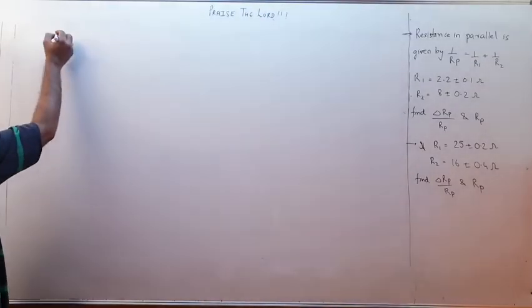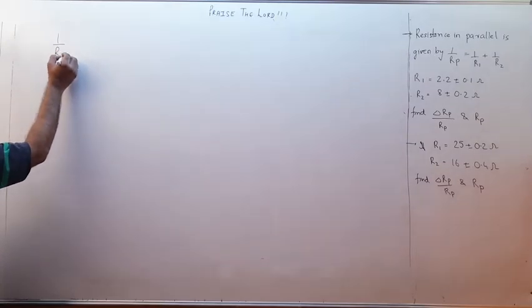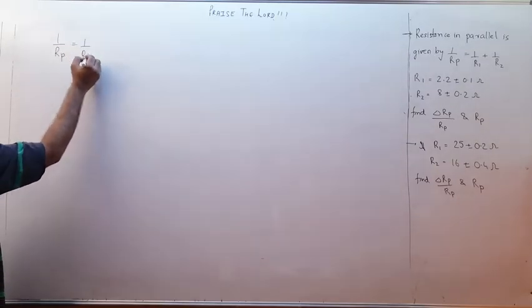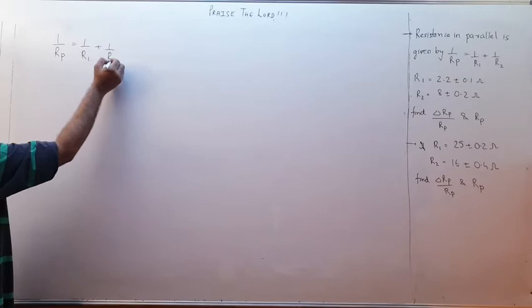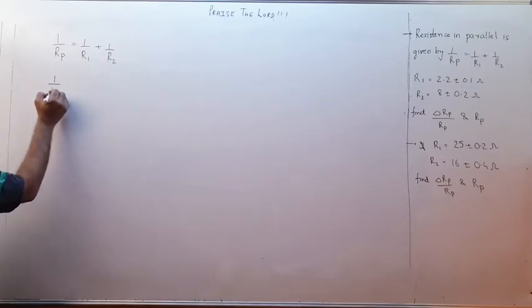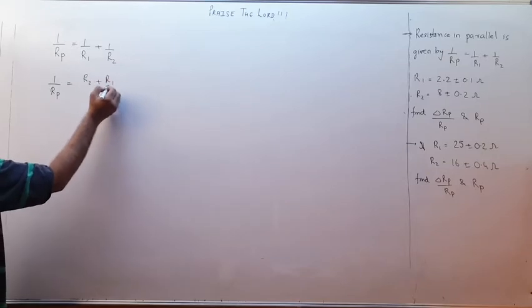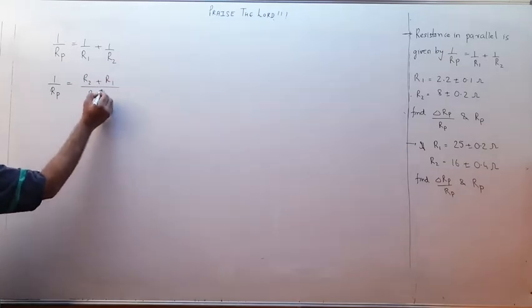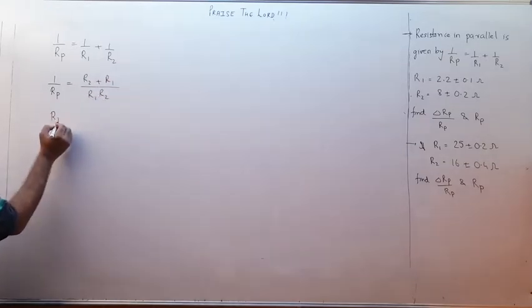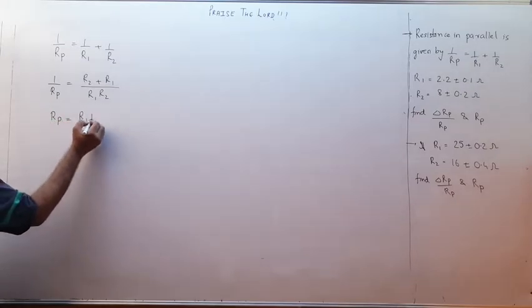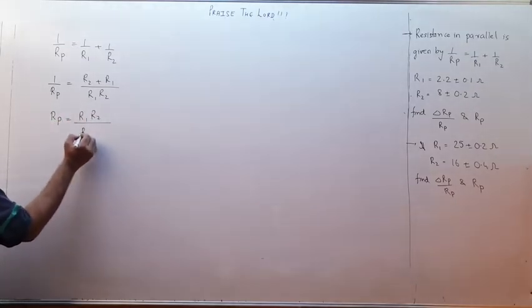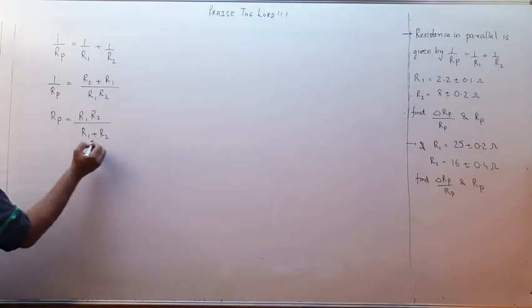Please understand nicely. 1 upon Rp is given by the formula 1 upon R1 plus 1 upon R2. So 1 upon Rp will be equal to (R2 plus R1) upon R1 R2. So Rp will become equal to R1 R2 upon (R1 plus R2).